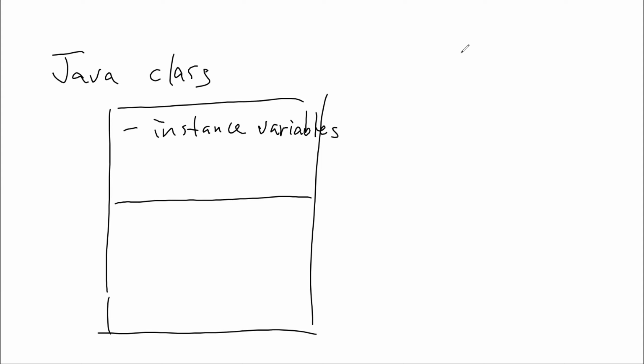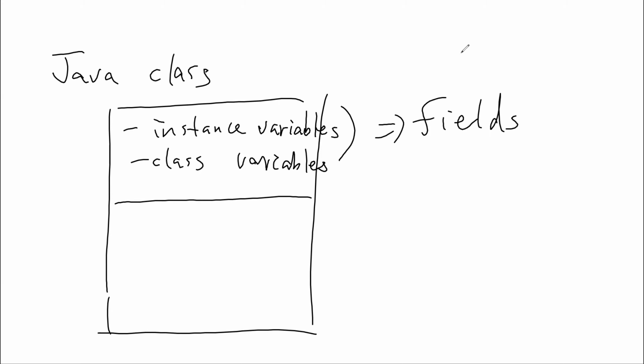Okay, and we may also say class variables. Basically all of this is what I just mentioned, fields. But over here in Java, we call them instance variables, class variables, and they are hidden, and I use a minus sign to represent they are hidden, okay?